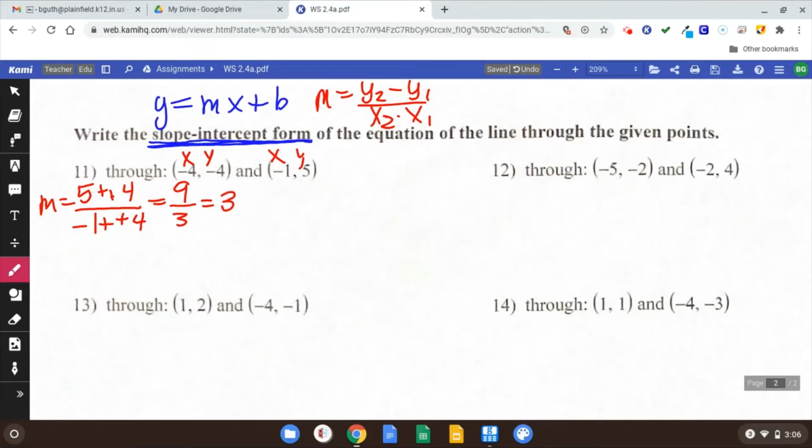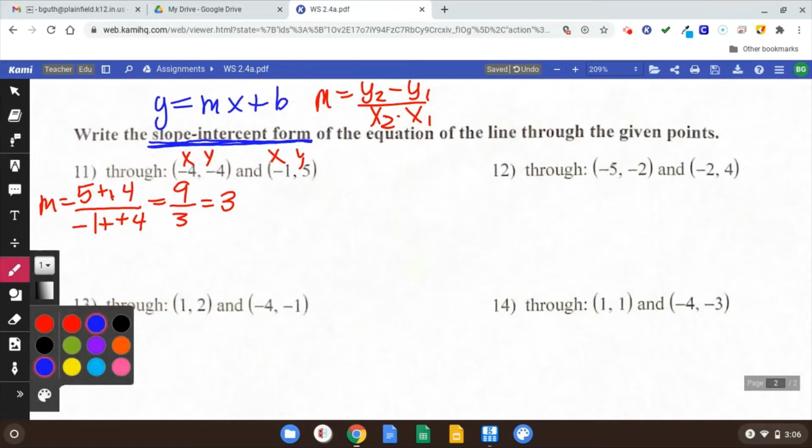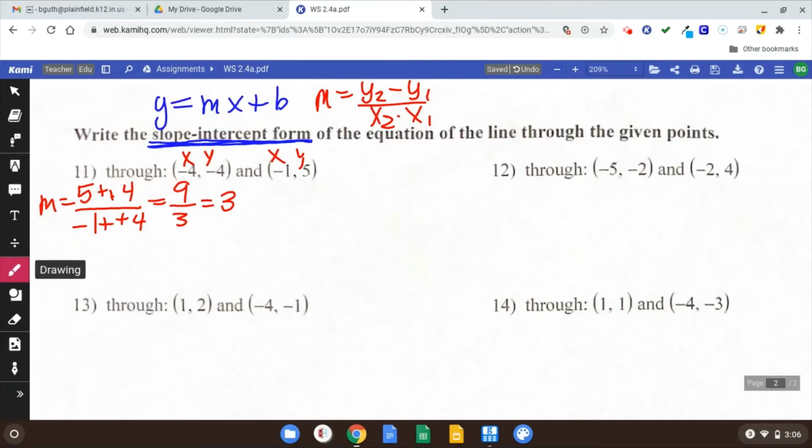Now, at this point, you have a point and the slope. Specifically, you have 2 points and the slope. So what I would do is pick one of the points. It doesn't matter which one. Pick whichever one you think looks easier. So I'm going to pick this one, and I'm going to ignore this one. Remember, here's point slope form: y minus y number equals m times x minus x number.